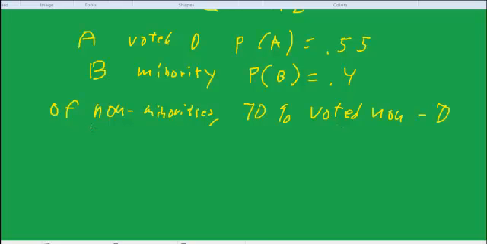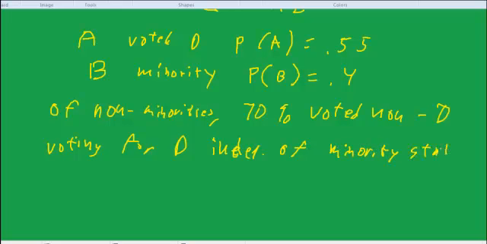Okay, so given that, the question is, was voting for a Democrat independent of being in a minority status, being an ethnic minority? Okay, so that's our question. And let me show you a sort of a common mistake that's made with that.